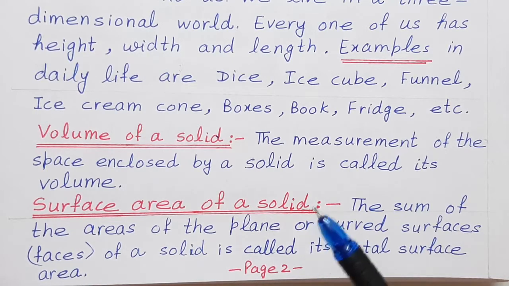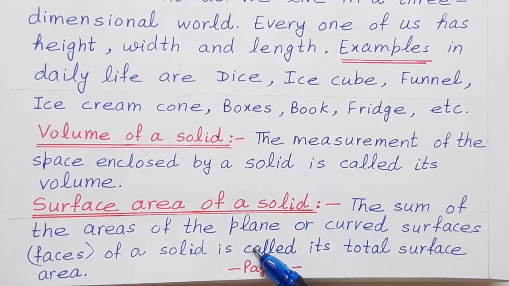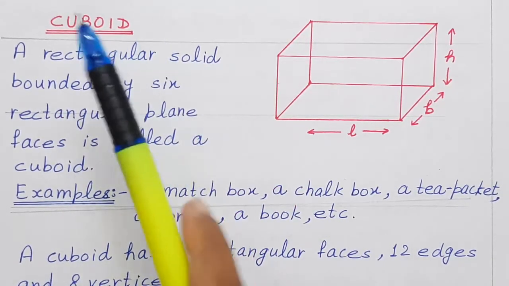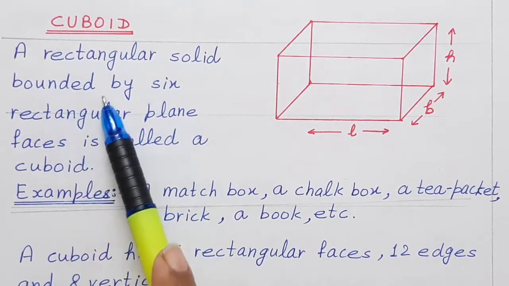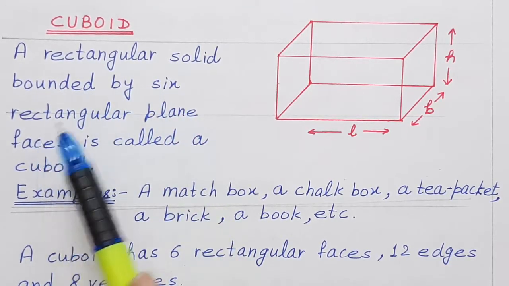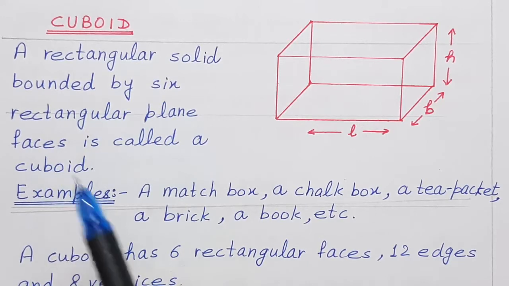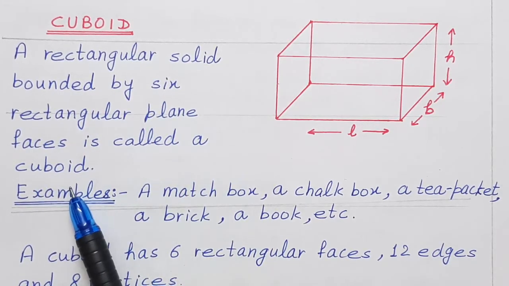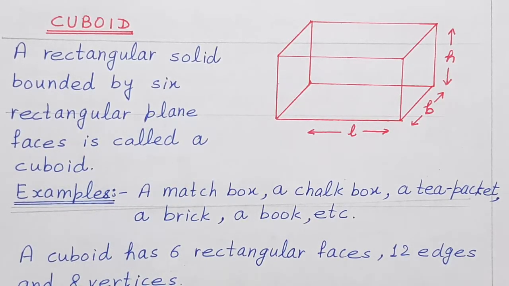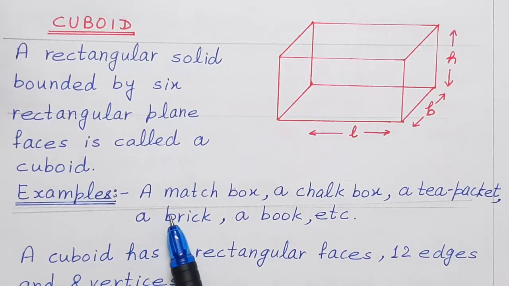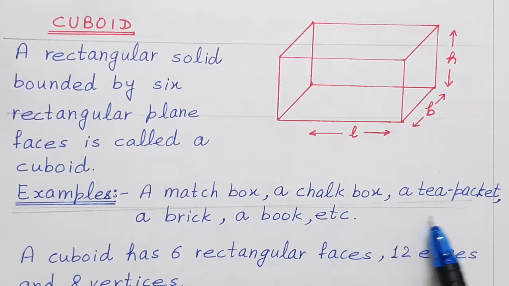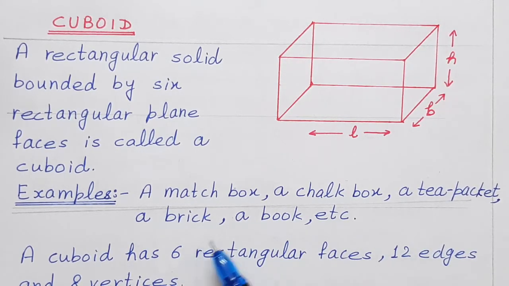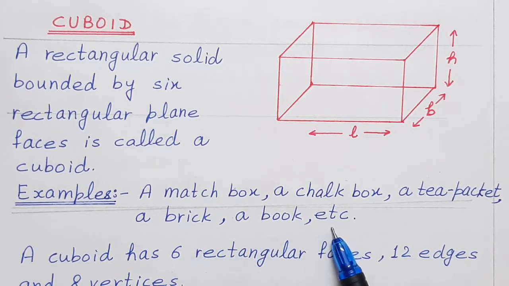Now let us discuss volume and surface area of cube and cuboid. Cuboid: a rectangular solid bounded by 6 rectangular plane faces is called a cuboid. For example, a matchbox, a chalk box, a tea packet, a brick, a book, etc. Fine.